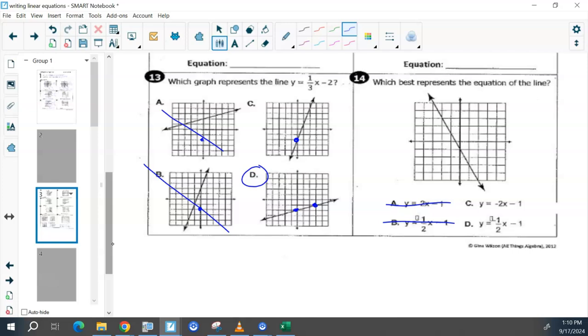So it's going to be C or D. Is this slope -2 or -1/2? Say that one. -2, because I'm going down 2 to the right one, or up 2 to the right one, either or. So C was our answer for that one. Questions on that?